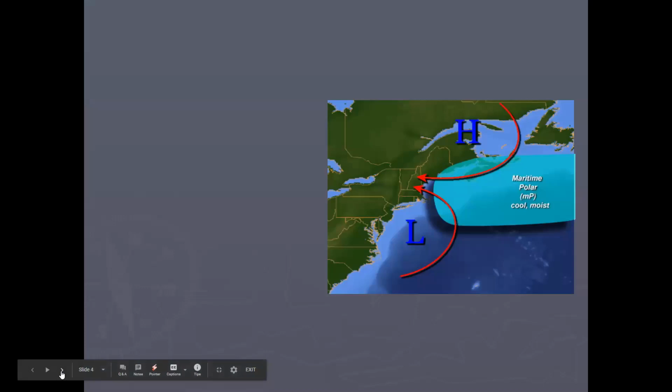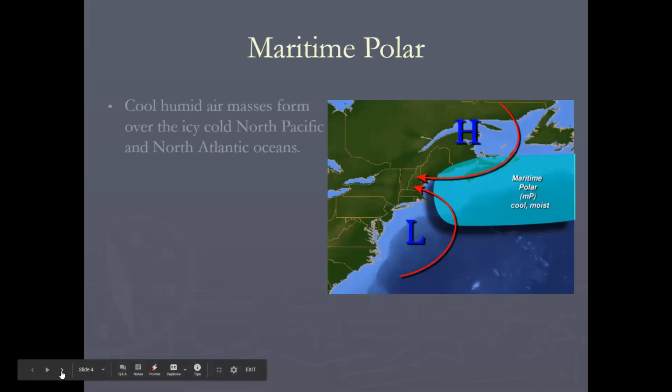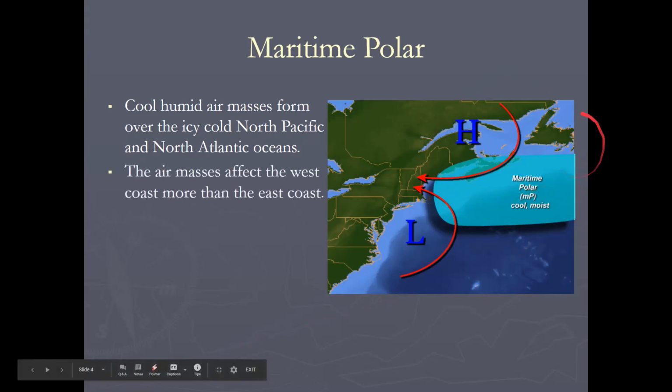All right. No. So maritime polar, this mostly affects the North Pacific and North Atlantic. This really doesn't affect most of the United States just because there's not a lot of ocean that touches our country from the poles. These air masses affect the West Coast more than the East Coast.